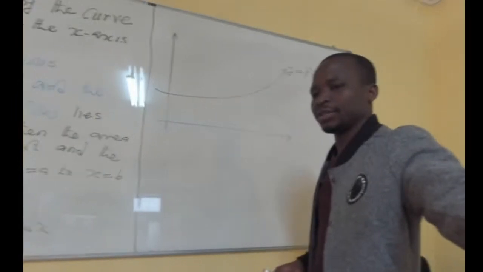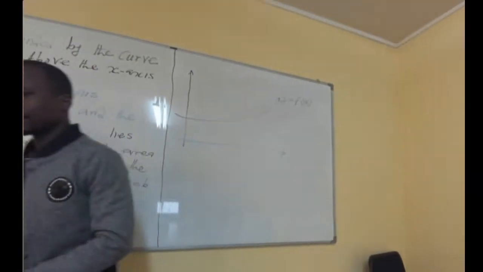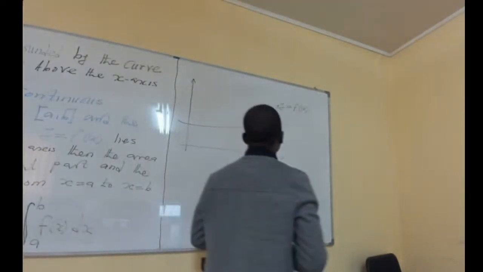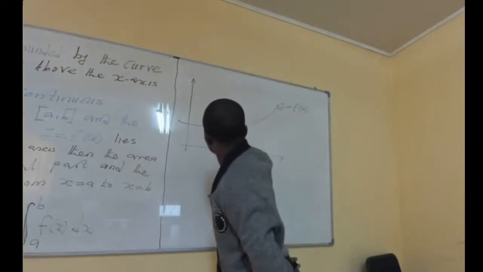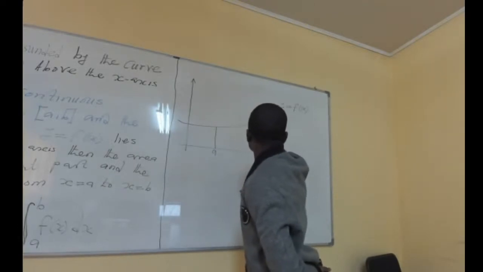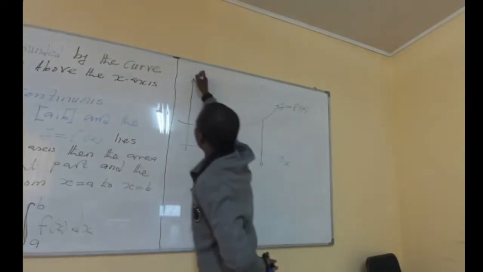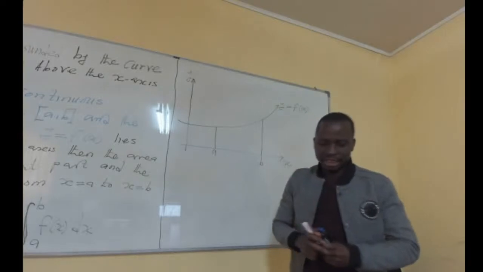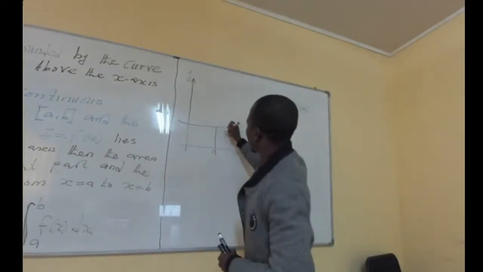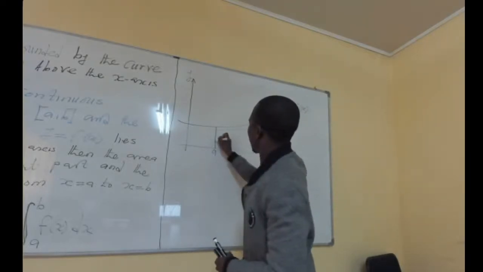And then you have a point here which is point A and a point here which is point B. So this is the x-axis, this is the y-axis. Now what they are asking you to find is the area of this shaded region.